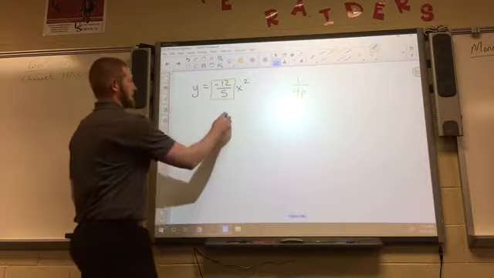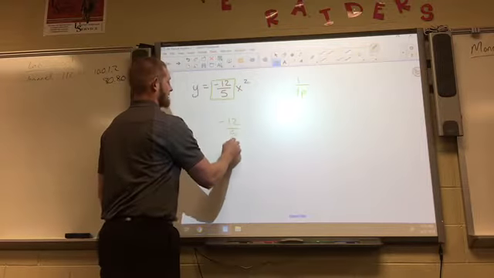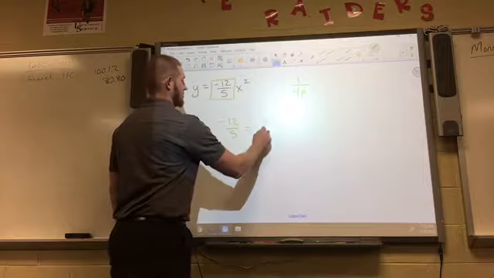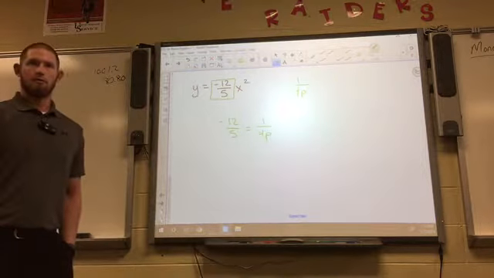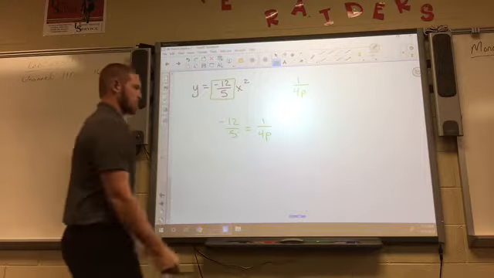So I should be able to take negative 12 over 5, set it equal to 1 over 4p, and solve for p. We did this yesterday with those of you who were here.